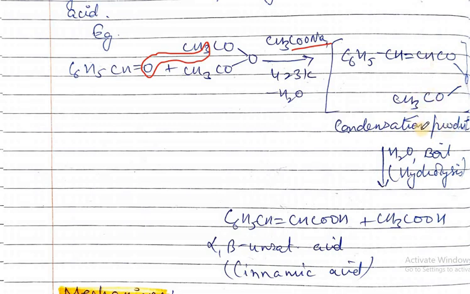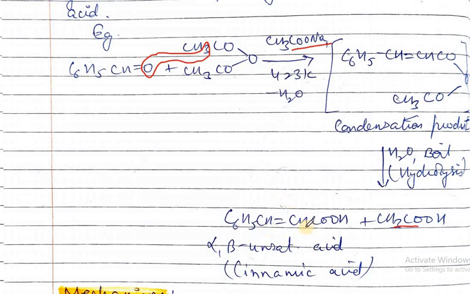When this is boiled, upon hydrolysis, this bond gets cleaved, and we get C6H5 CH double bond CH COOH, and the other two carbons give the acid of two carbons, acetic acid. So we get the alpha beta unsaturated acid in the case of the Perkin reaction.